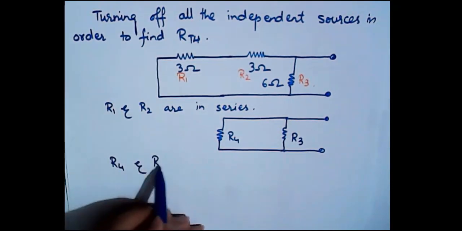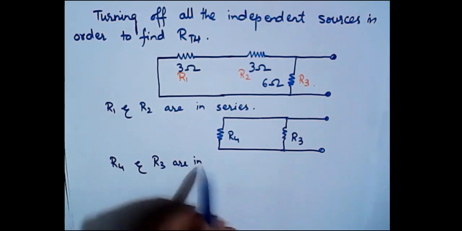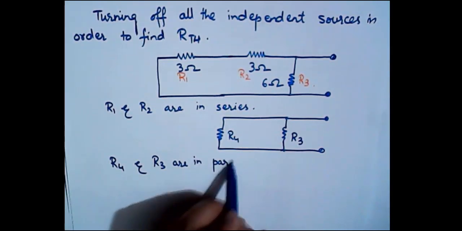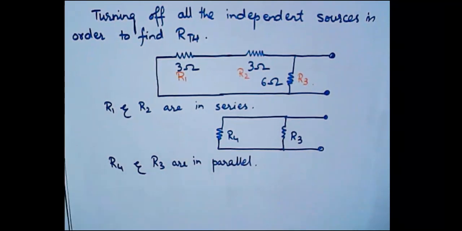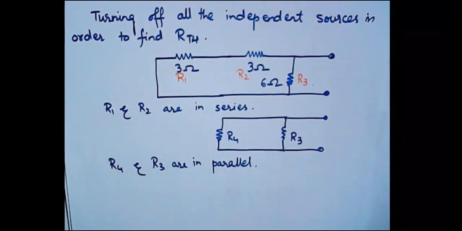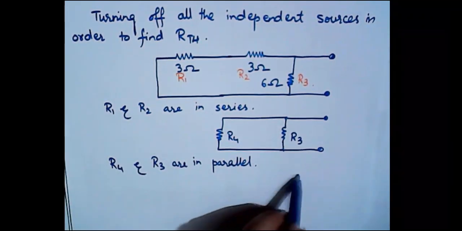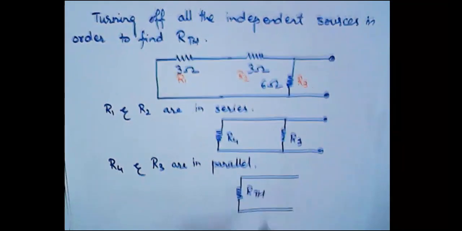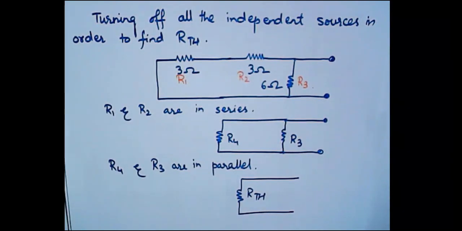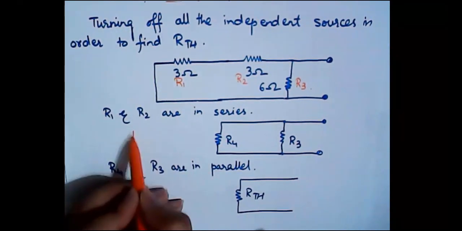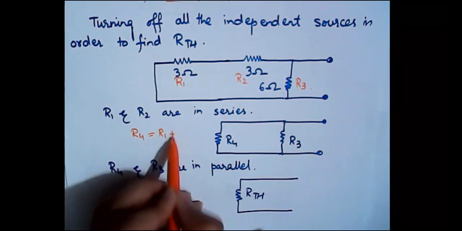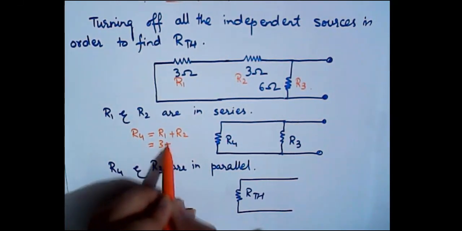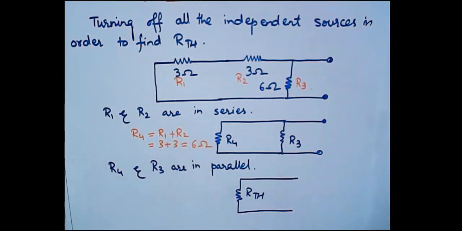R4 here was equal to R1 plus R2, which is 3 plus 3 is equal to 6 ohms, right?